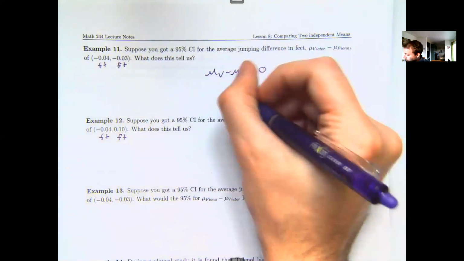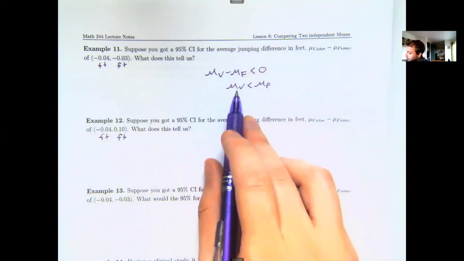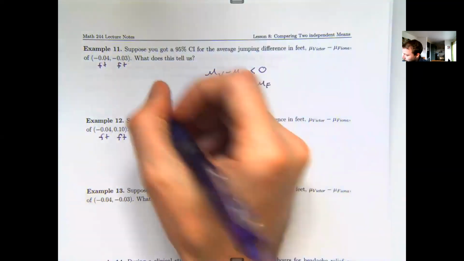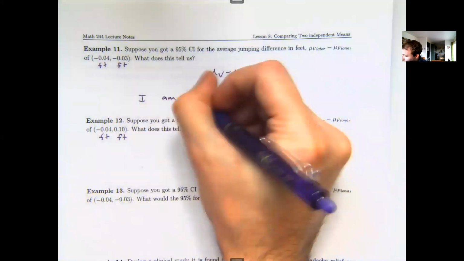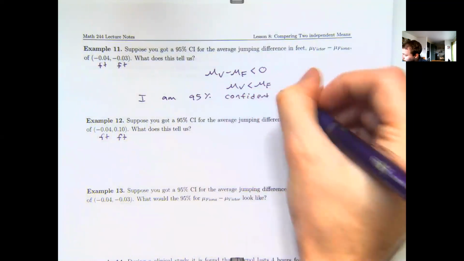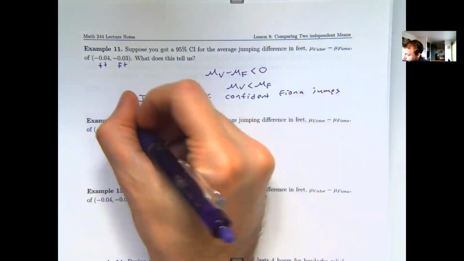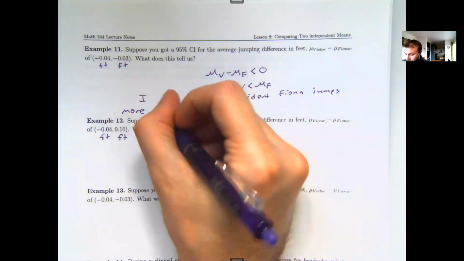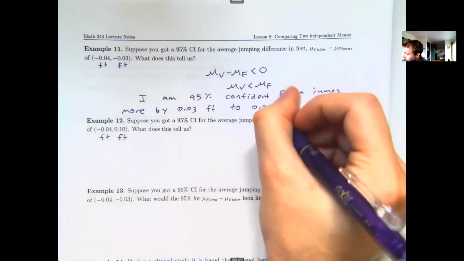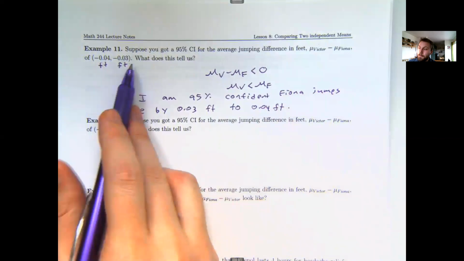Moving this to the other side, this tells me that Victor is worse at jumping compared to Fiona, or I am 95% confident Fiona jumps more, anywhere from 0.03 feet all the way up to 0.04 feet. You notice I don't do any math with these numbers. These are already telling me the differences.